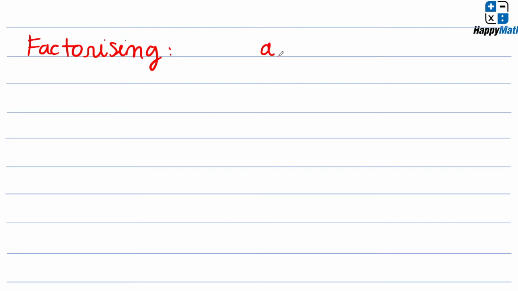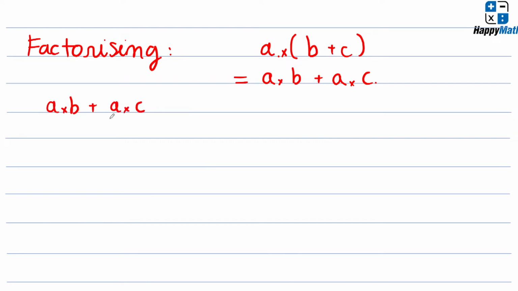How about expanding if you have a multiplied by b plus c inside the bracket? You can expand. It means take a multiply b, you get ab, plus a multiply c. And in the inverse way, we want to change the form from a multiply b plus a multiply c to factorizing.